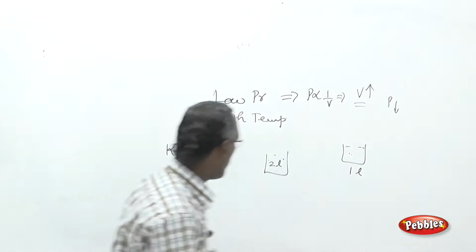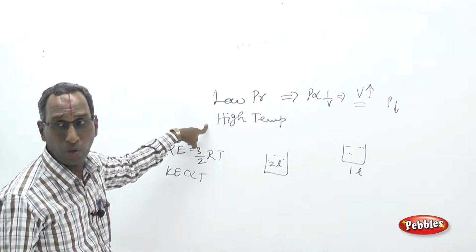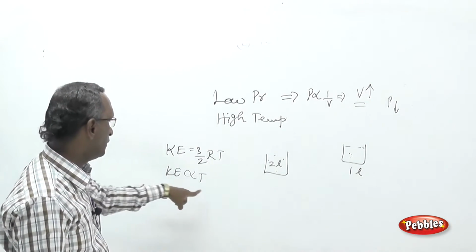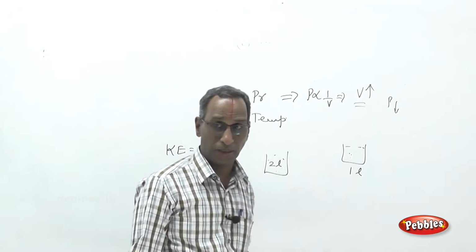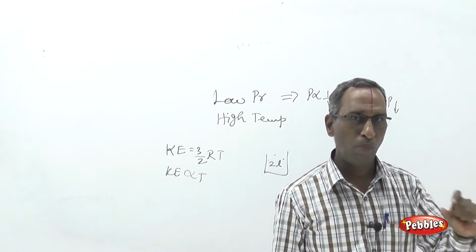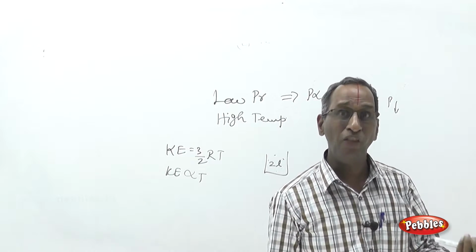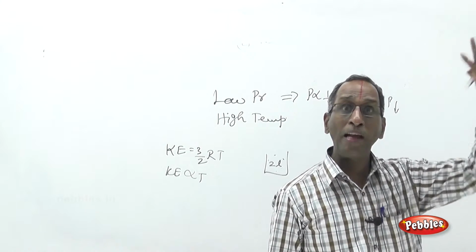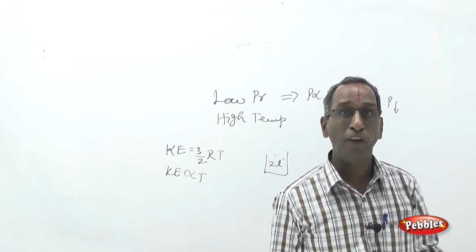So as temperature is increased, kinetic energy is increased. Kinetic energy is nothing but 1/2 mv squared. The mass of the gas will not change, only the velocity will change. If the velocity of the gas increases, gas molecules move fast. They are quite free enough to escape the container. So that is also the case of ideality.